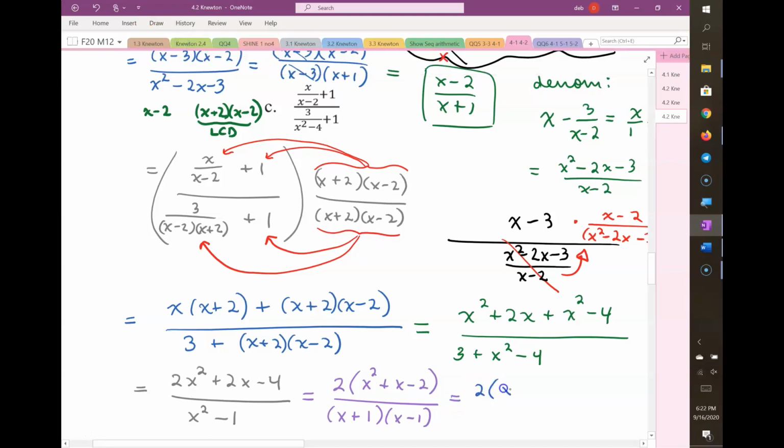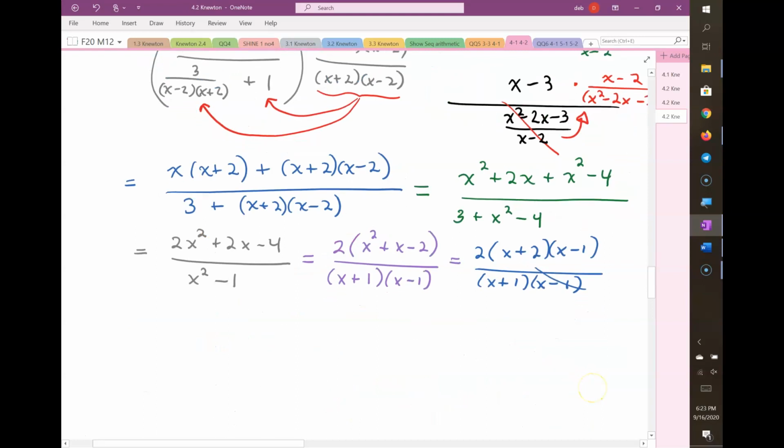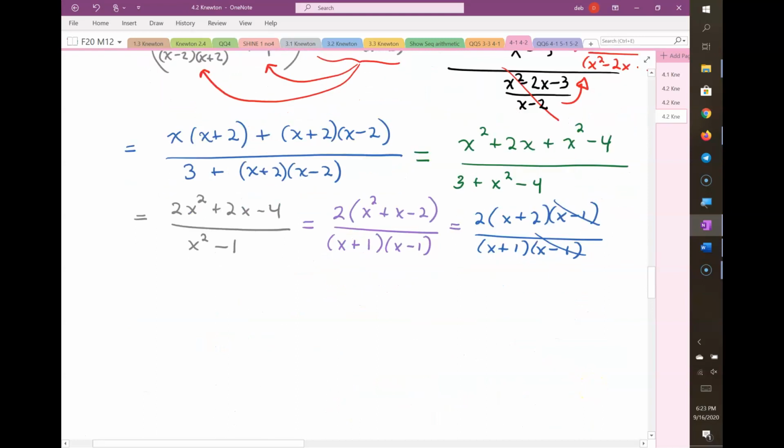And my numerator factors to x plus 2, x minus 1. And then over x plus 1, x minus 1. Now these binomials can cancel because they're matching factors. So my final answer is 2 times x plus 2 over x plus 1. And that's what I have for you for 4 points.